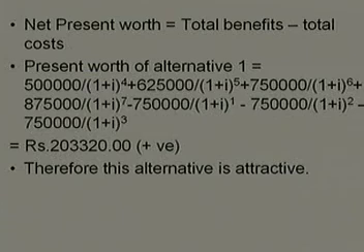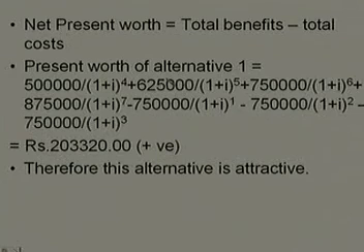So, the return we are getting from the 4th year onwards, for 500,000 it is equivalent to 500,000 divided by 1 plus i raised to power 4, plus 625,000 divided by 1 plus i raised to power 5, plus 750,000 divided by 1 plus i raised to power 6.